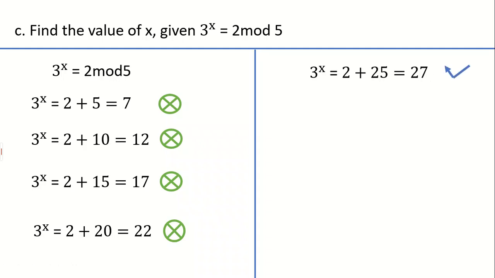So you can now go ahead and transform 27 into a base of 3. That's to transform it into indices. So that's it. You have 3 raised to power x equals 3 raised to power 3. When the bases are equal, definitely the powers are equal. That's the law of indices. Therefore, your x equals 3.